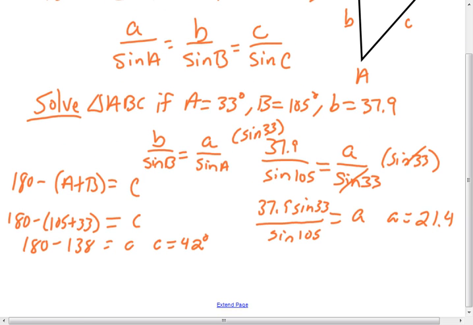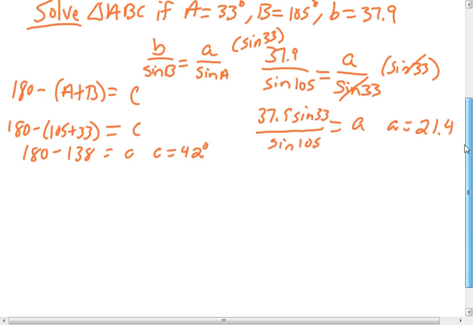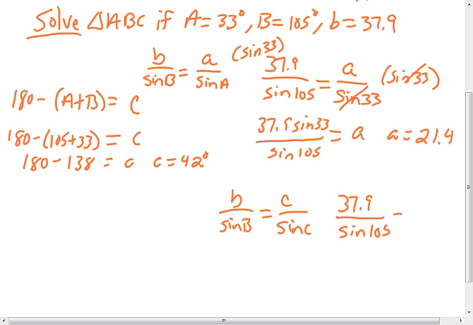So we go back and do the same thing, but we use the law of sines for c over sine of C. Going back to our original problem, we can use a or b, it doesn't matter, but let's use b since we're given b. b over sine of B is equal to c over sine of C. Plugging in what we know, 37.9 over sine of 105 is equal to c, which we're looking for, over sine of 42. That's the angle we calculated earlier.